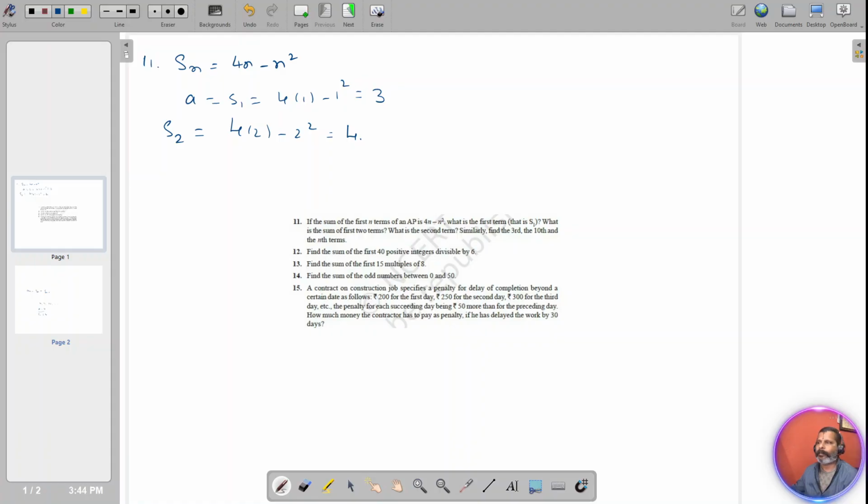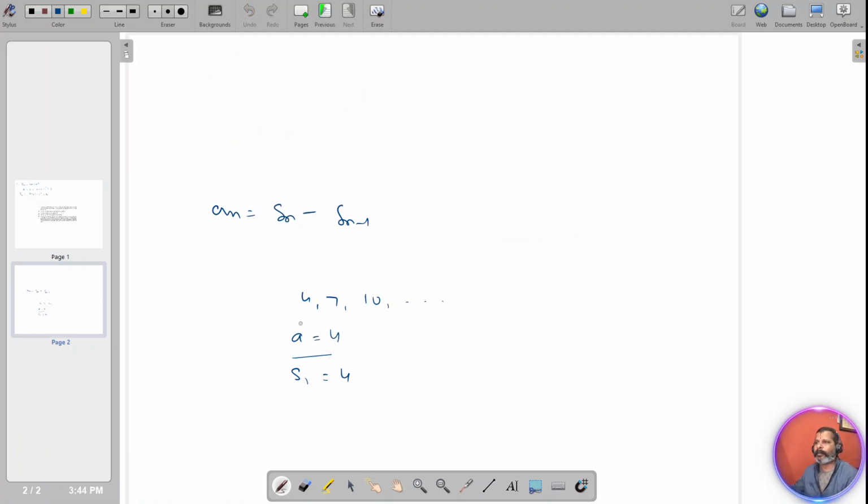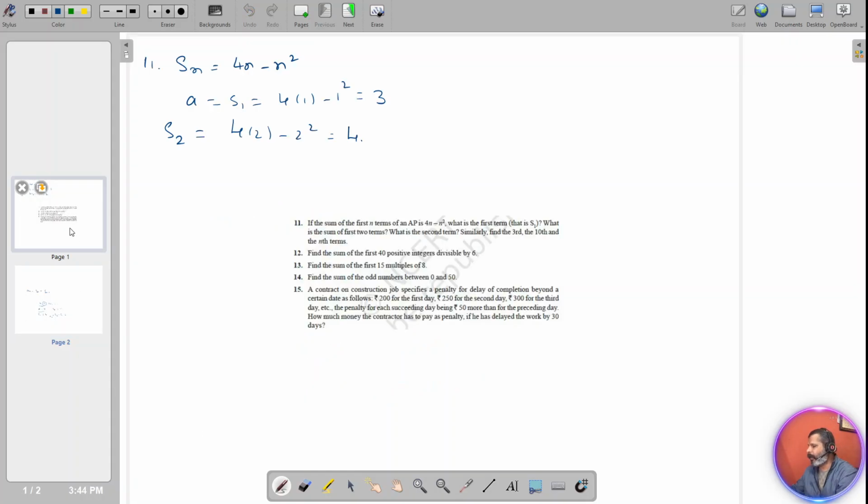What is the second term? If you come back to the example, what is the sum of two terms here? 11. What is the second term? S2 minus S1 will be the second term, right? What is the second term here? 7. Similarly, A2 is equal to S2 minus S1.